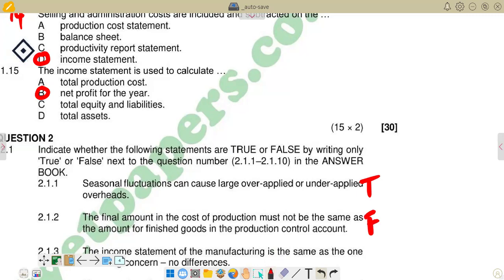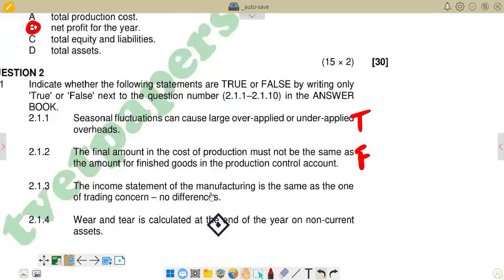Then we can go to the next one, 2.1.3, which says the income statement of a manufacturing business is the same as that of a trading concern. That is not correct, which is false, and they are not the same. Remember, we have the income statement of a trading business and of a manufacturing business, which are very different.